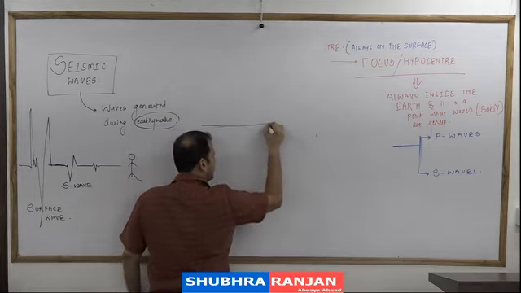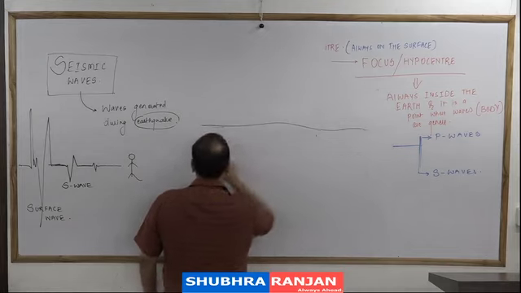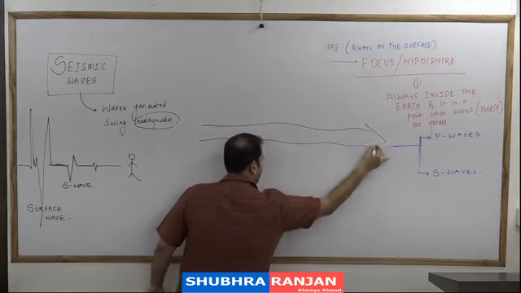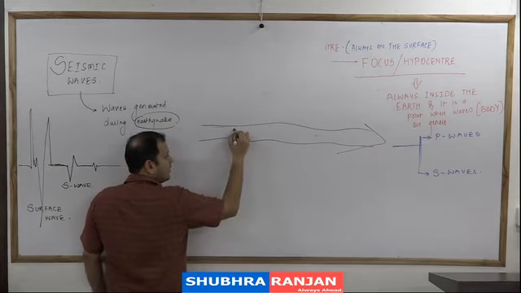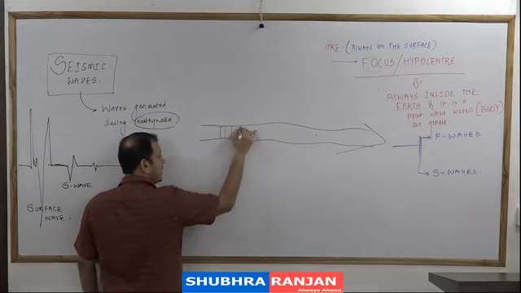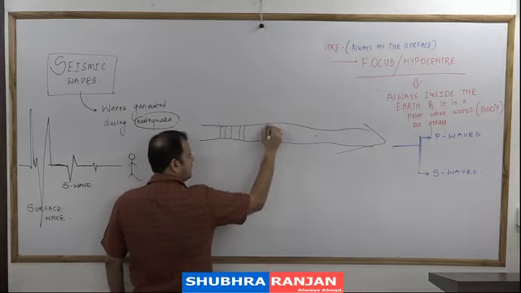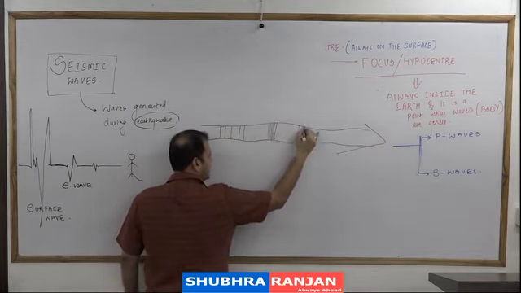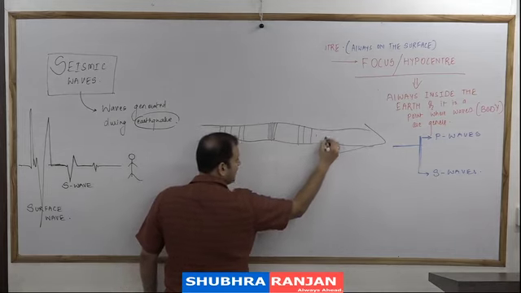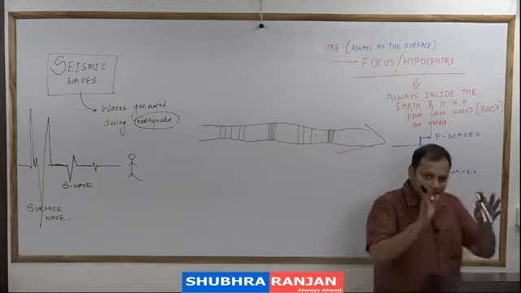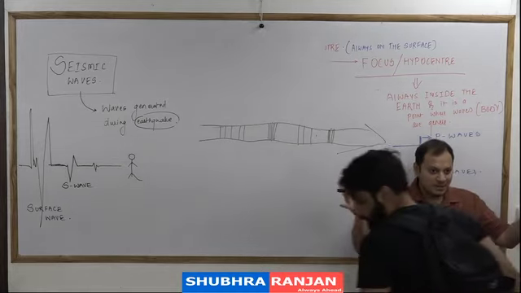If this is how the P wave is traveling, whatever particles are there will be stretched. If this is a particle, it will be stretched. After some time it will be squeezed. After that the particle will be stretched and again squeezed over a period of time. So you should remember that there will be stretching and squeezing of the particles.